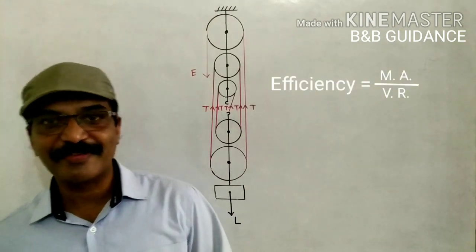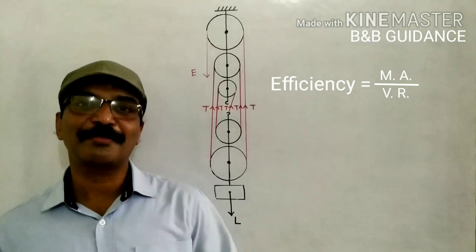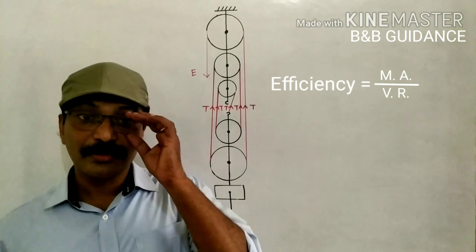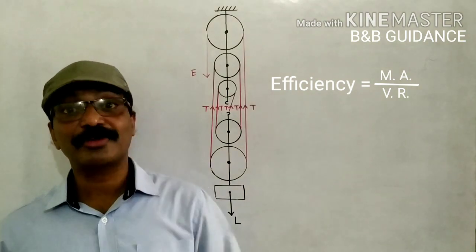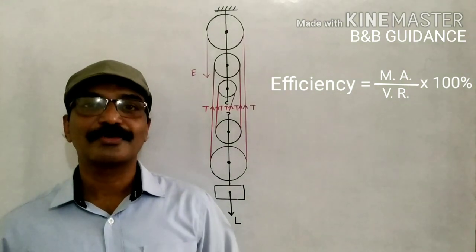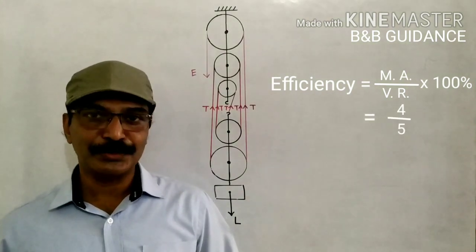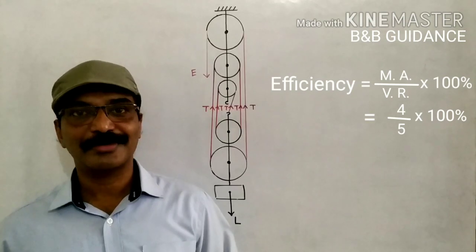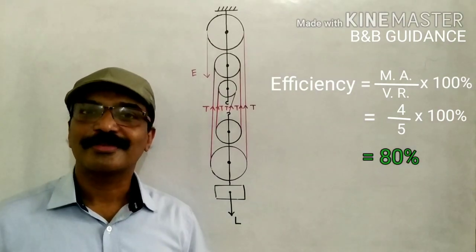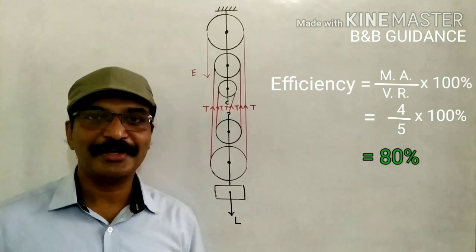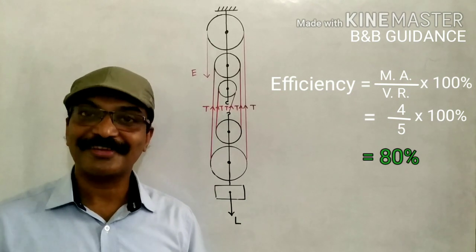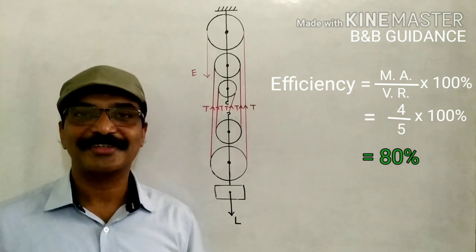If you want to express that in percentage, you have to multiply it by 100%. So efficiency is equal to mechanical advantage by velocity ratio into 100% is equal to 4 by 5 into 100% is equal to 80%. As you can see, this block and tackle system is not an ideal one. Here the efficiency is only 80%, which is less than 100%, right?